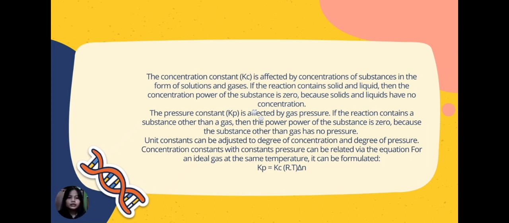The unit of the constant can be adjusted by the degree of concentration and degree of pressure. The concentration constant and pressure constant can be related via the equation for an ideal gas at the same temperature. It can be formulated.